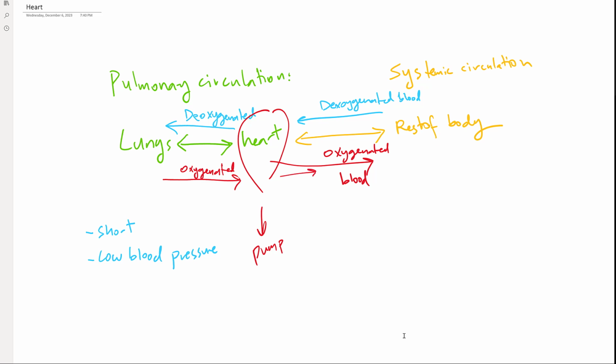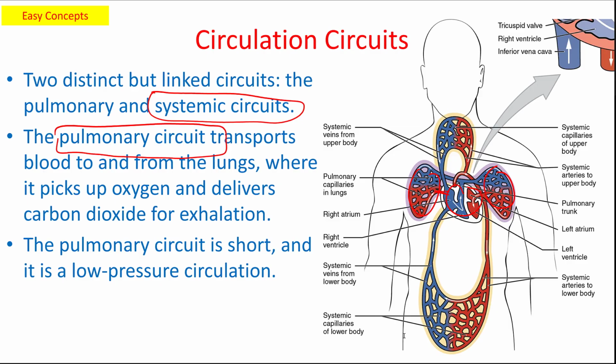Technically, it's pushing and draining, and we'll talk about that, the blood between those two regions, between the lungs and the rest of the body. The systemic circulation, since it's with the rest of the body, is long and needs high blood pressure. Why? Because the heart is going to push the blood far away from it. It has to reach the top of the head. It has to reach the bottom of the foot. So this is a very long circulation.